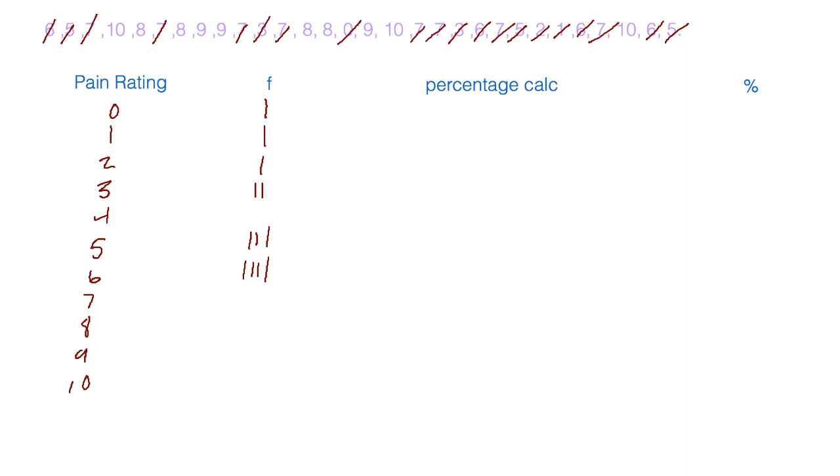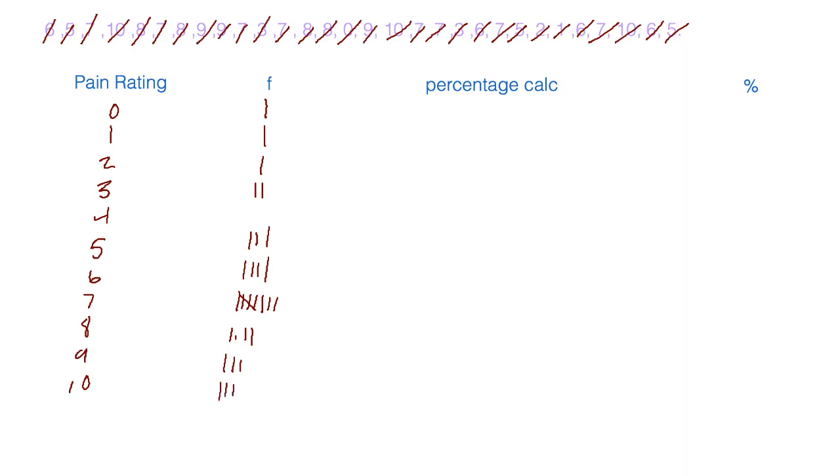Okay, that one's pretty frequently occurring, right? Then on to 8s, we have 1, 2, 3, 4 8s, 9s, 1, 2, 3, 3 9s, and 1, 2, 3 10s.